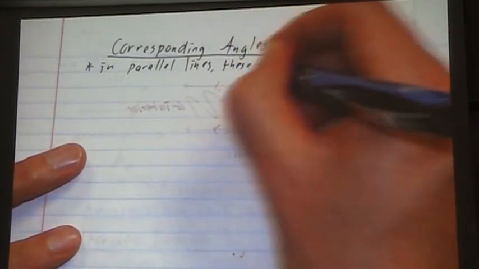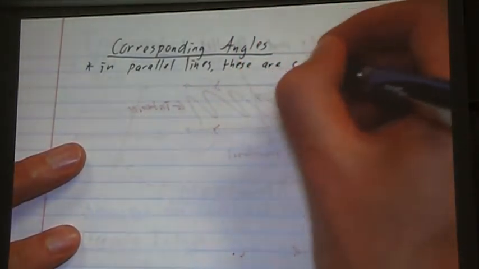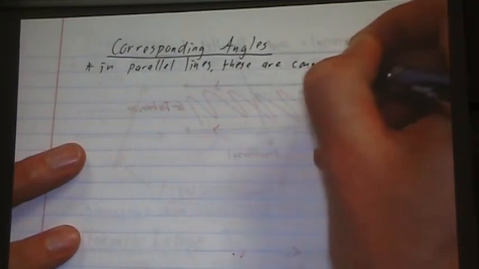Corresponding angles in parallel lines. These are congruent. So you'll notice all the relationships we've had up to now are going to be congruent.